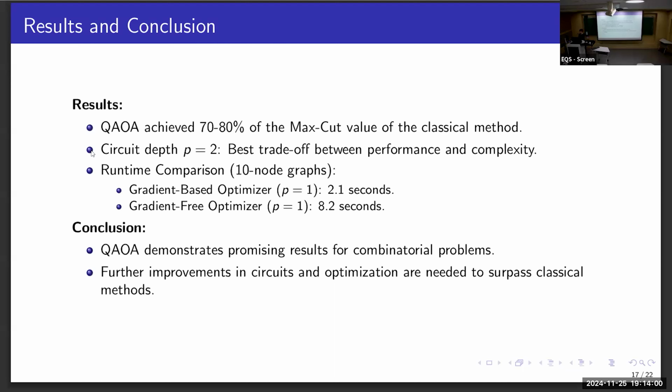So this is the most efficient one. And gradient-based optimizers were faster than gradient-free, and so we conclude that further improvements in circuits and optimizations are needed to surpass classical methods, but it is kind of promising results for combinatorial problems.